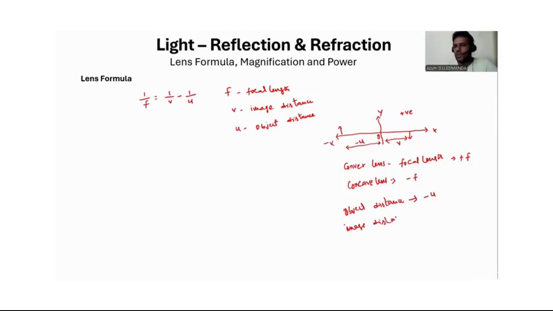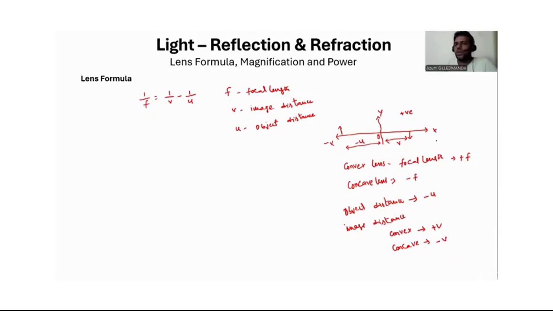For a convex lens, the image is formed on the other side of the lens, so you can take the image distance as plus v. And for a concave lens, which is a virtual image that forms on the same side of the lens, that means on this side, you will get the image, so you need to consider minus v.